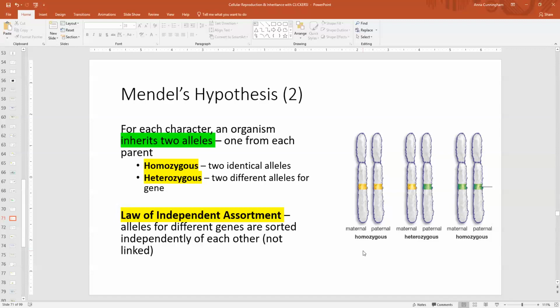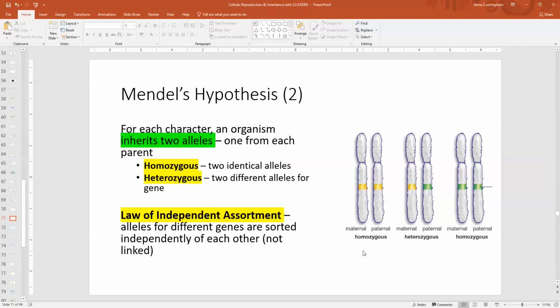You can see in the figure to the right, on the far left of that figure, if you have a combination of chromosomes that both contain the same gene, P color, but also the same allele, both the maternal and paternal alleles code for yellow Ps. Those alleles are the same, yellow Ps. So that is homozygous, so the same.